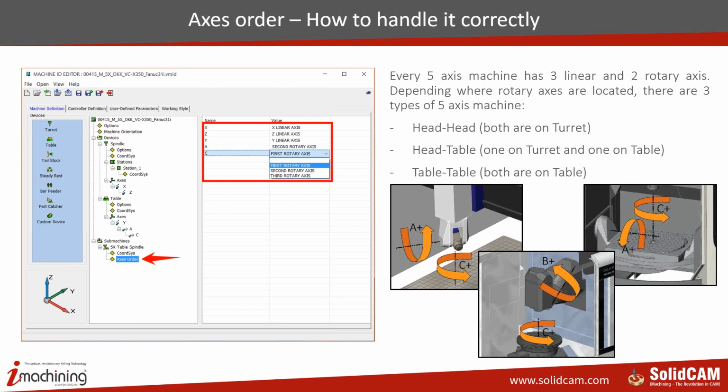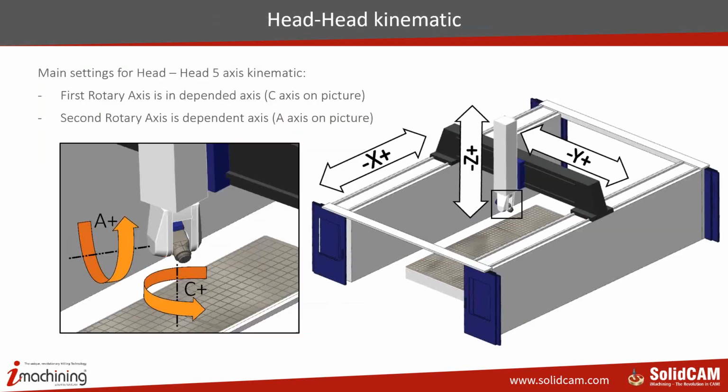This is very important if you want to get correct output in your G code. So let me start with the head kinematic, where my first rotary axis should always be an independent axis, which is the C axis in the picture, and the second rotary axis is a dependent axis.